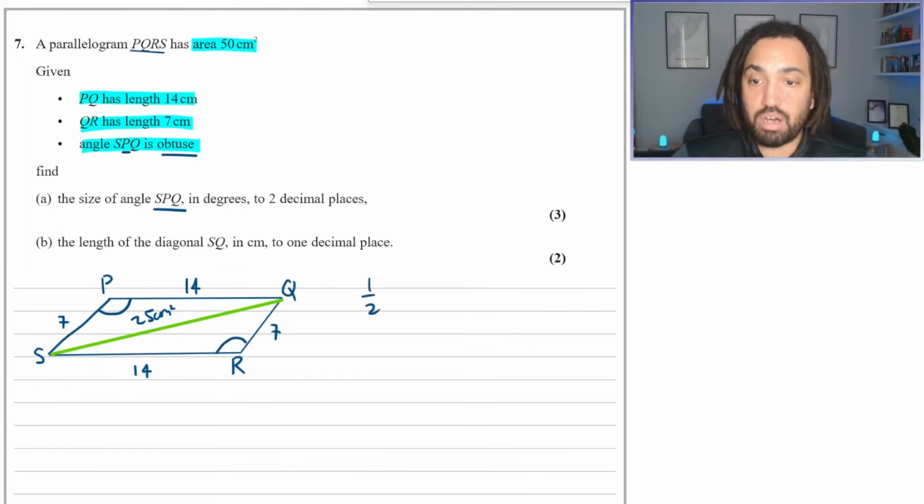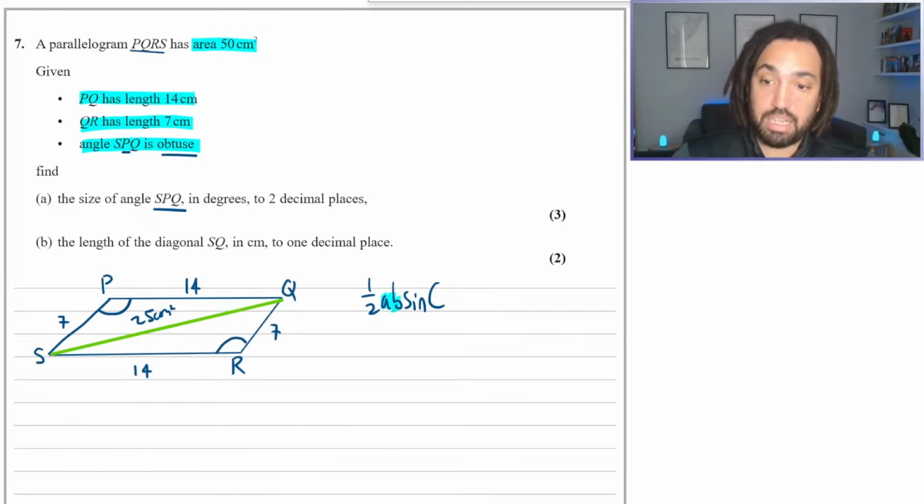So a half ab sine C is the area of a triangle, bearing in mind that the a and the b must be either side of the angle, which is capital C. In this case they are, so fantastic.